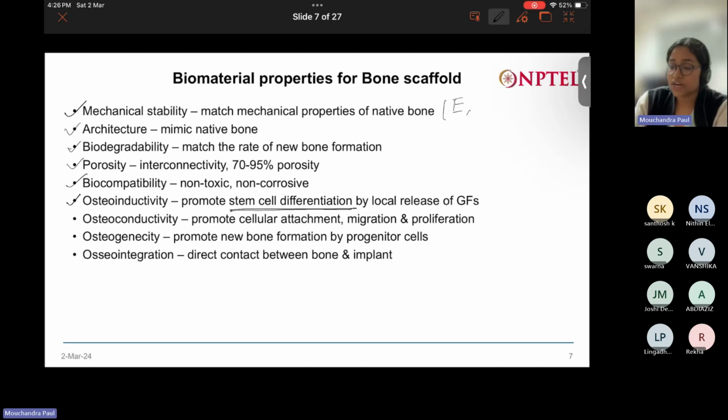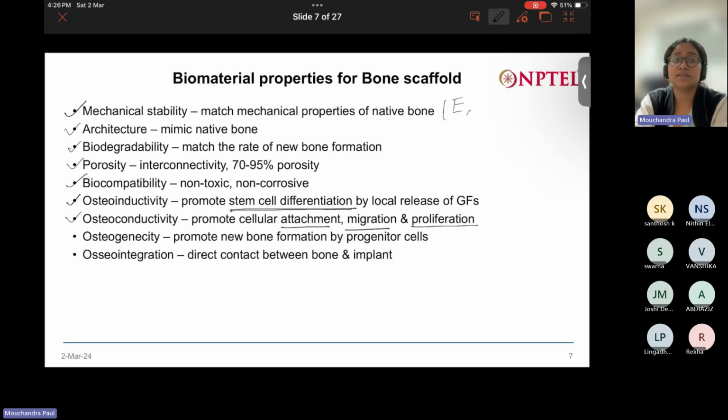Then osteoconductivity. It means the biomaterial should be able to promote cellular attachment, migration, and proliferation. These are the basic processes that the cell has to undergo. If the cell doesn't adhere, migrate, or proliferate, then further things like regeneration and repair won't happen.